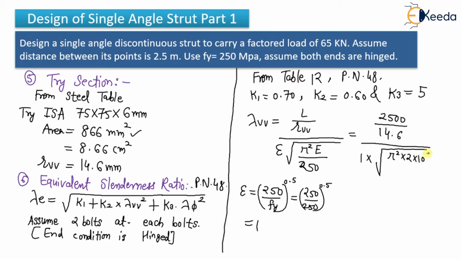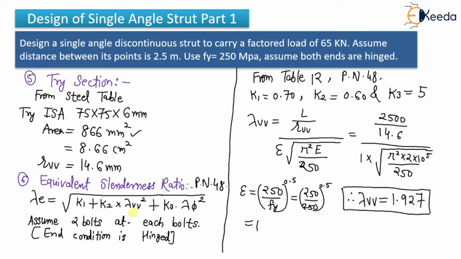Modulus of elasticity of steel is 2 into 10 raised to 5. You have to remember this. Divided by 250. So the value of lambda VV after the calculations will be 1.927. You can pause the video and you can do the calculations by yourself. It should come 1.927.